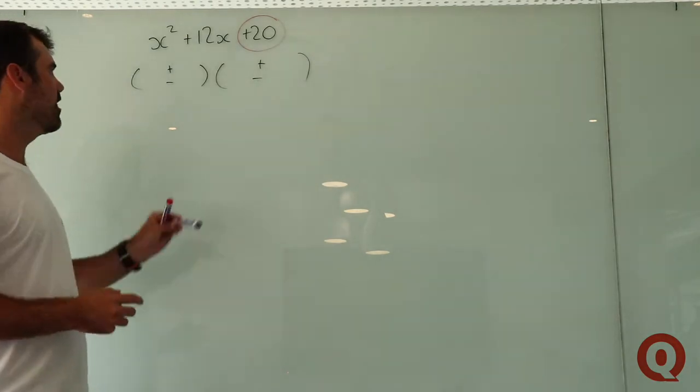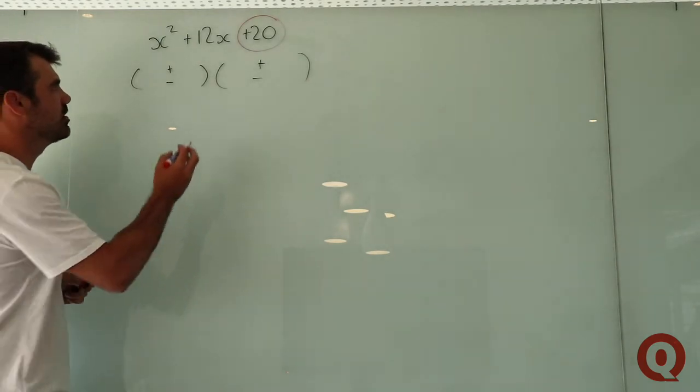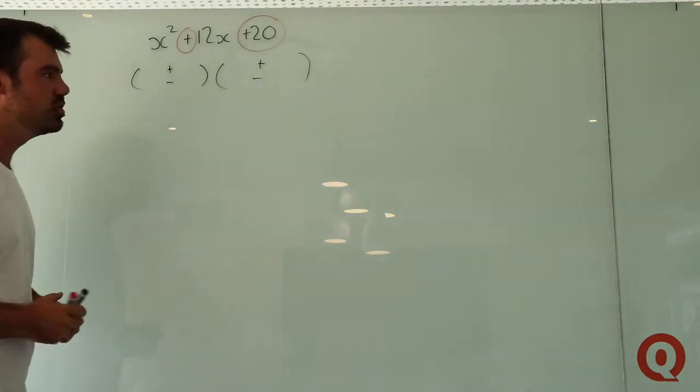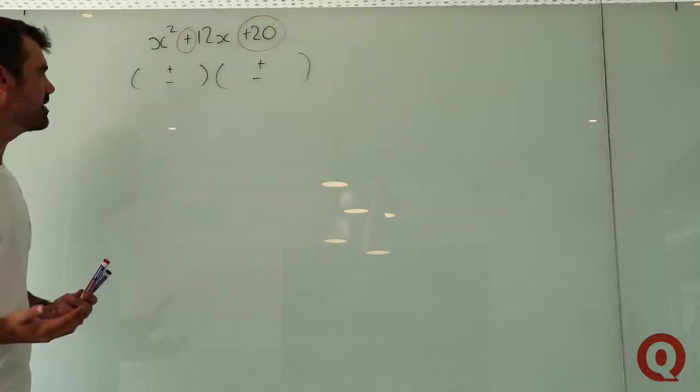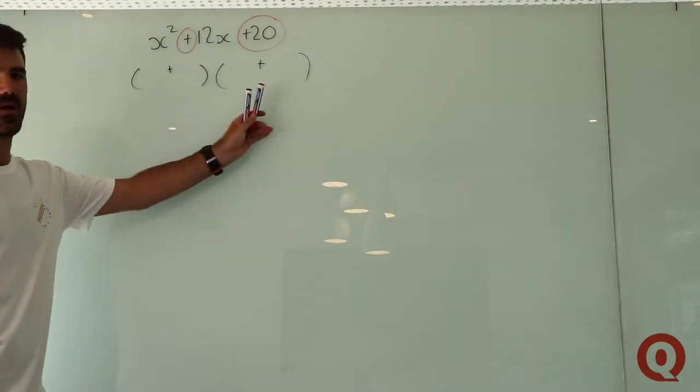Now, how am I going to know whether they're both plus or both minus? Well, it's quite straightforward. All I need to do is cast my eyes over to the middle term and look at what symbol I have. Do I have a plus or a minus? I have a plus. That simply means that I'm now going to have 2 positives in my brackets.